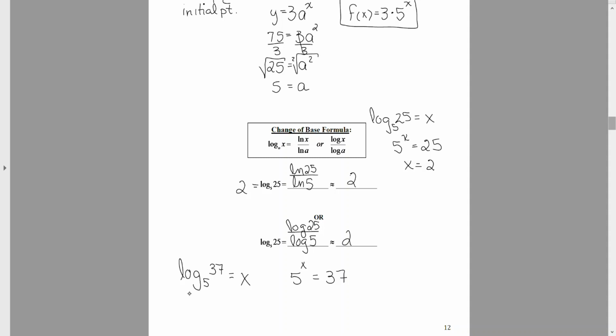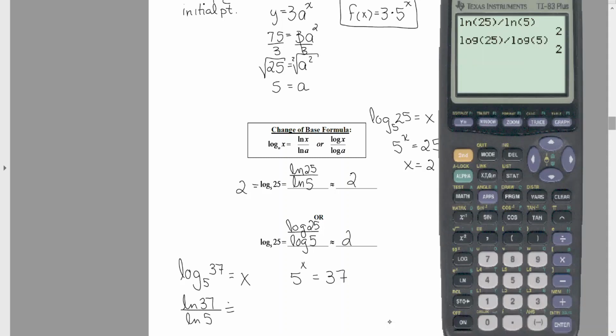But now I can go ahead and do a rewrite by using either the natural log over the natural log or the common log over the common log. So if I rewrite this by changing its base, I'm just going to do natural log of 37 divided by natural log of 5. That'll get me a decimal approximation that'll work for this. So let's see.